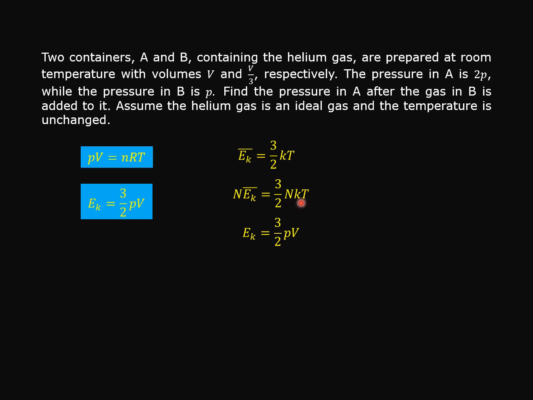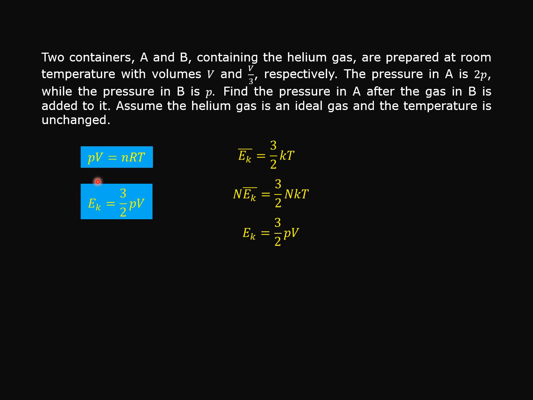At the right hand side, NkT, now we can substitute by PV. From the ideal gas law, we know that PV equals NkT. And at the left, the total number of molecules multiplied with the average translational kinetic energy, we will get the total translational kinetic energy. So it is equal to 3/2 PV. This is how we obtain this formula.